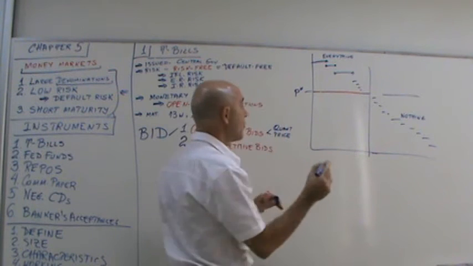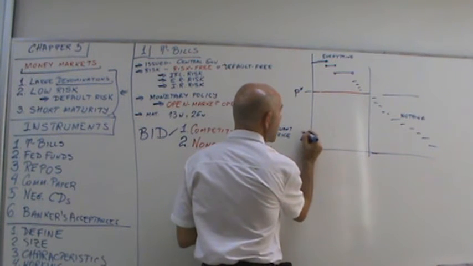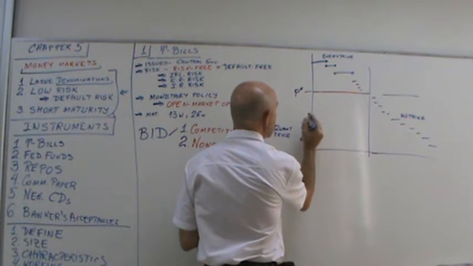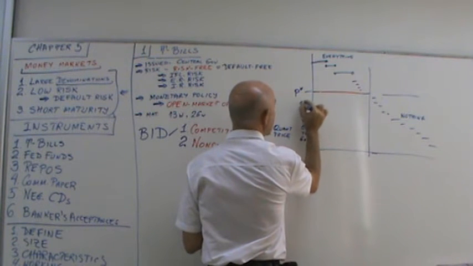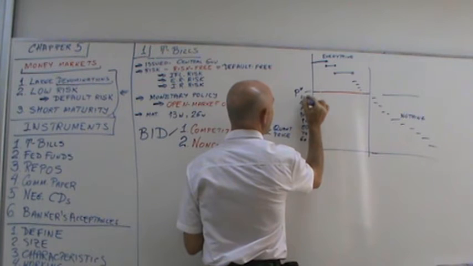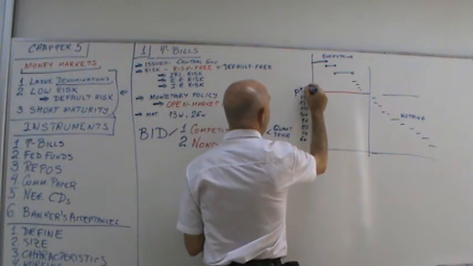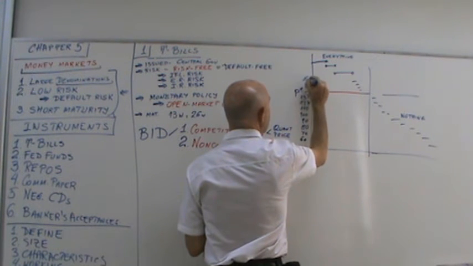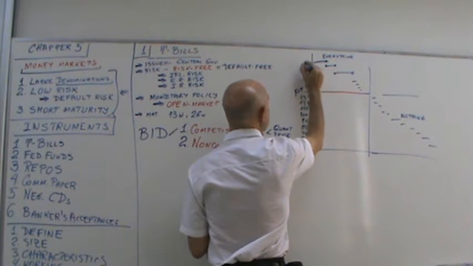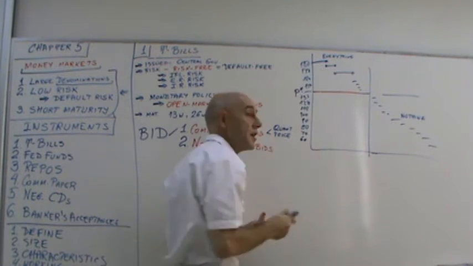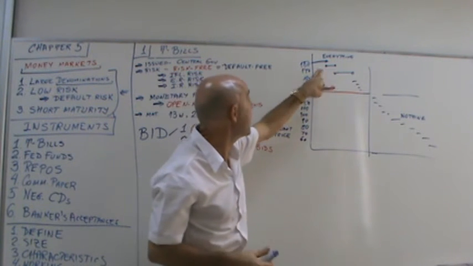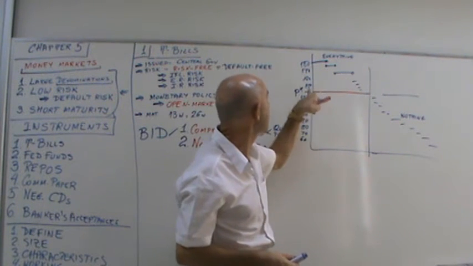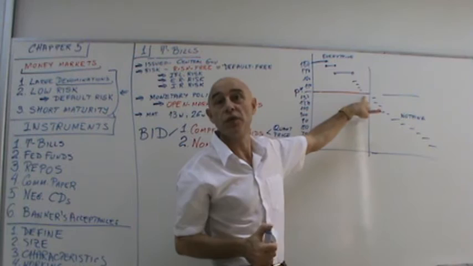You're offering 60 cents, 70, 80, 90, 100, 110, 120, 130, 150, 160, 170, 180. And if you offer 170, you will get your quantity at the price of 140.